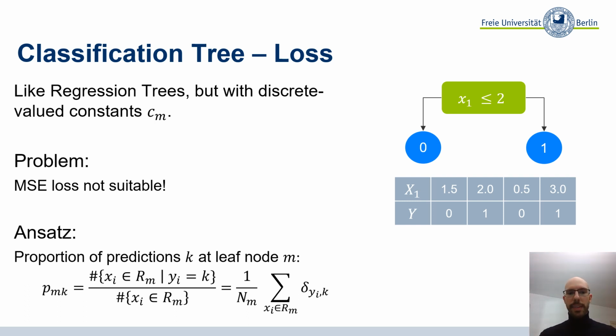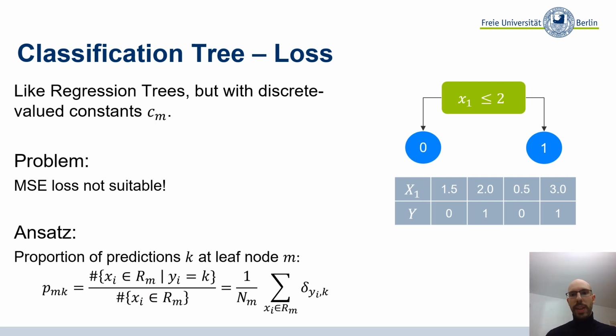One possible answer is, first of all, let us look at the proportion of predictions k at a leaf node m. We denote this as p m of k, and this is just going to be the number of training data points which get assigned to region Rm, and for which the label yi equals k, divided by all training data points within the region Rm.